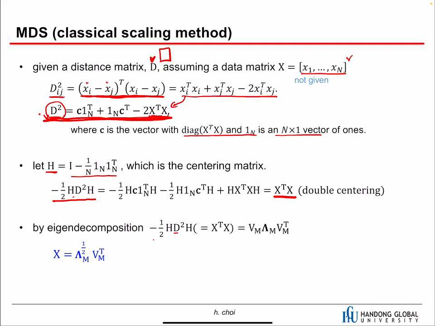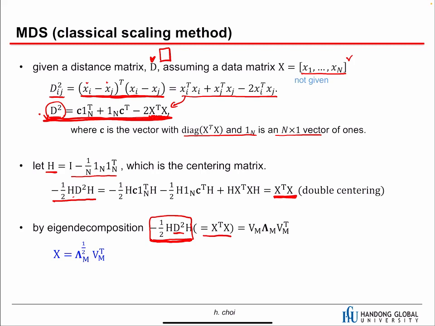Given the distance matrix, we can calculate this one. Then we assume that this distance is a Euclidean distance between the data points, and then this one is actually X transpose X.